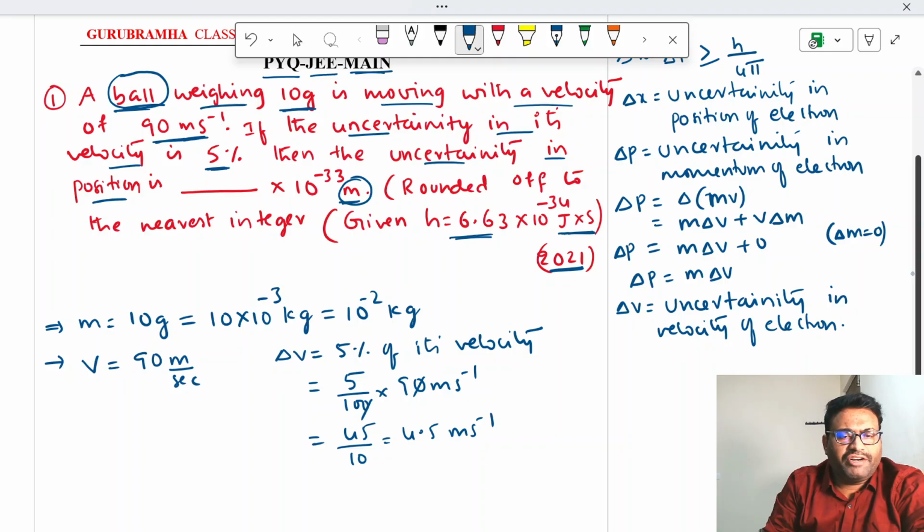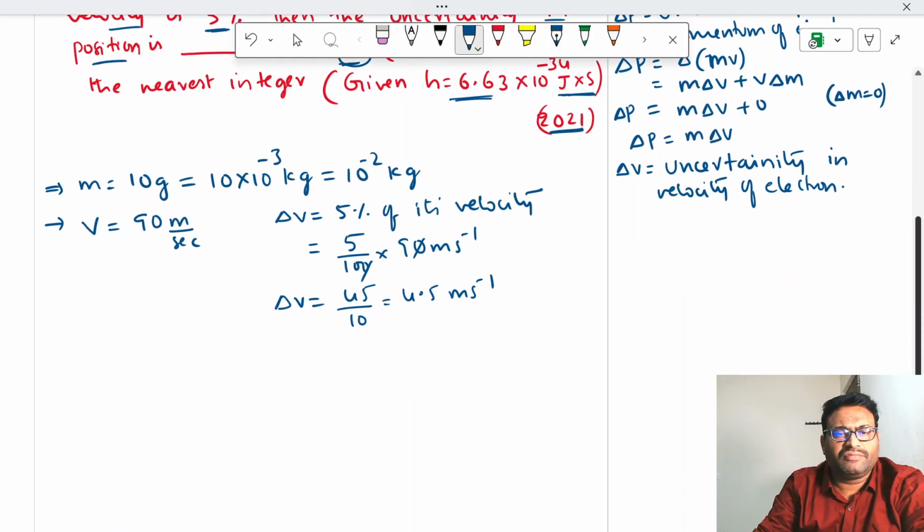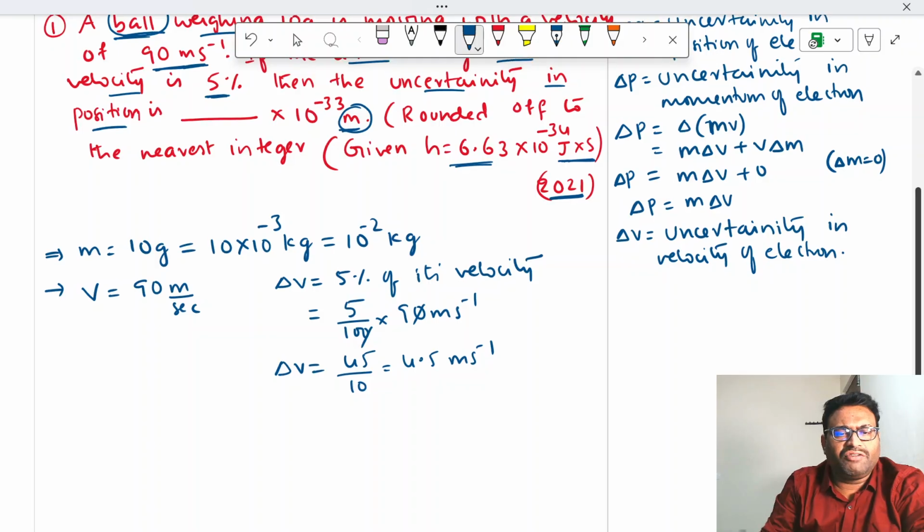So what did we get? We got delta v. Then what is asked? Delta x is asked. The uncertainty in position is dash into 10 power minus 33 meters. So what is delta x? You know that delta x into m into delta v is greater than or equal to h by 4 pi.